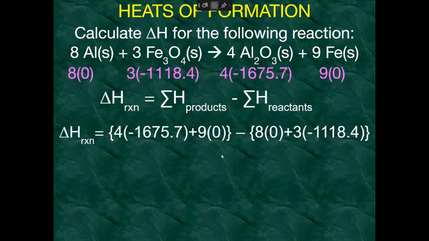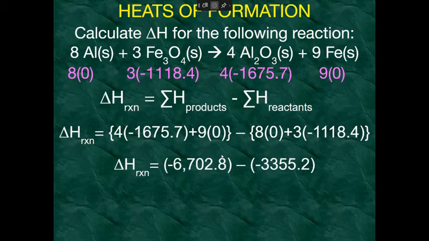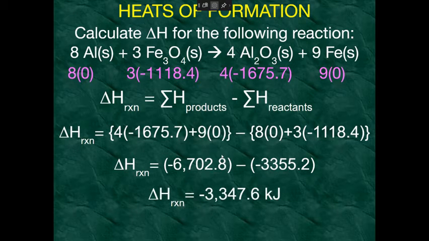So let's plug these in, remembering, look at what happens because of that negative there. The reactants become positive or endothermic. So it's essentially the same thing as changing the sign. And overall, this reaction, what do you think? Endothermic or exothermic? Exothermic.